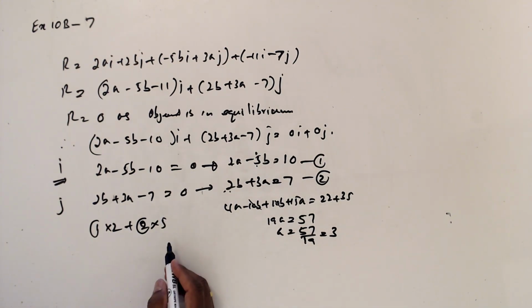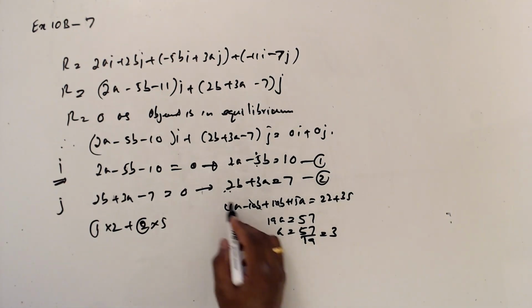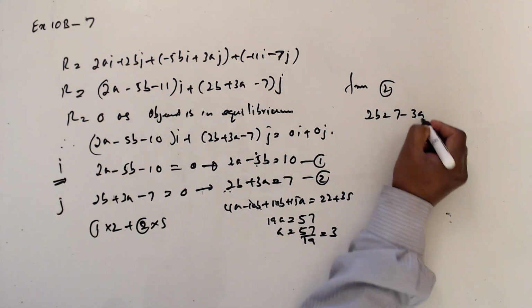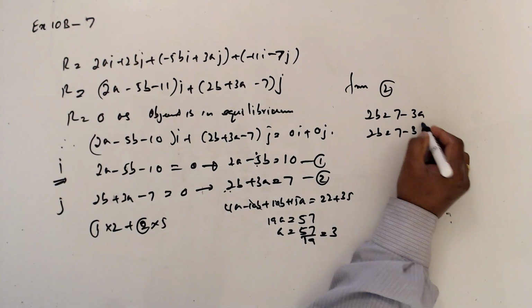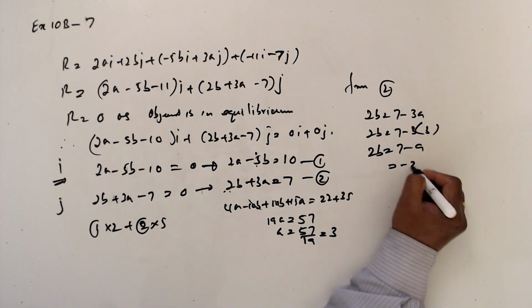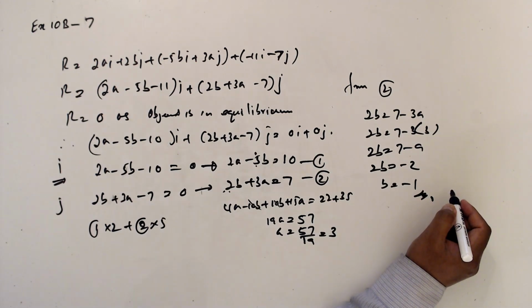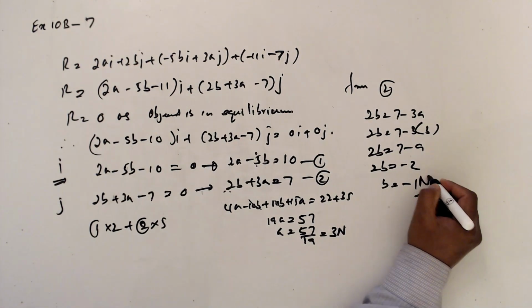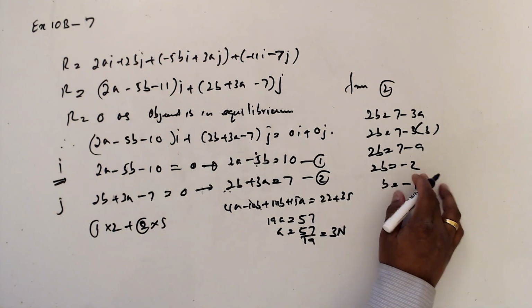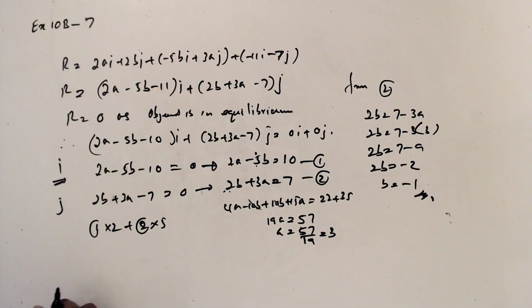Now the a value is 3. I need to find b. From 2, 2b equals 7 minus 3a, 2b equals 7 minus 3 times 3. So 2b equals 7 minus 9, which is minus 2, b equals minus 1. So this is 3 Newton and minus 1 Newton.